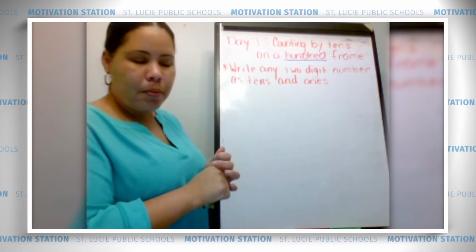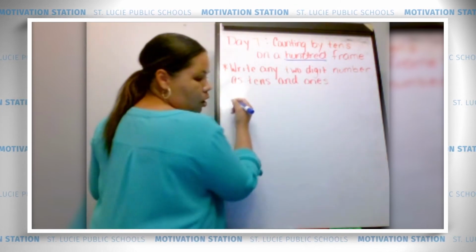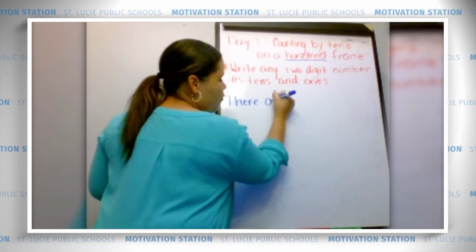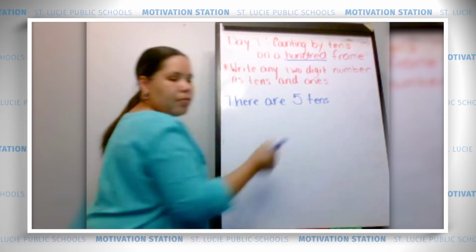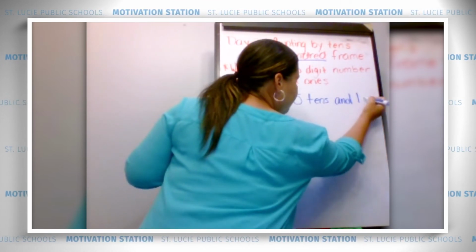What does my math problem look like? Our math equation, we know there are 5 tens and 1 one.